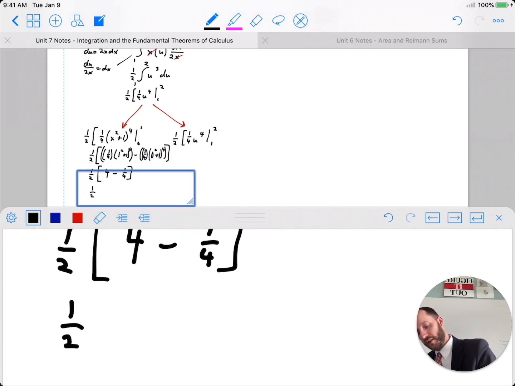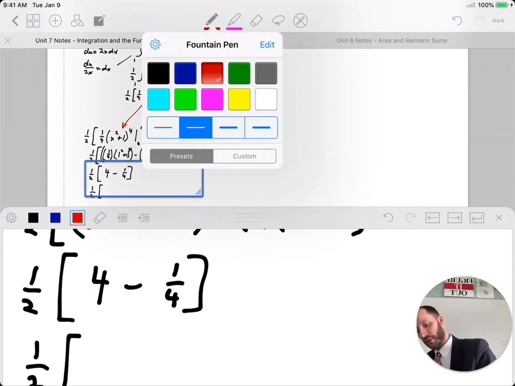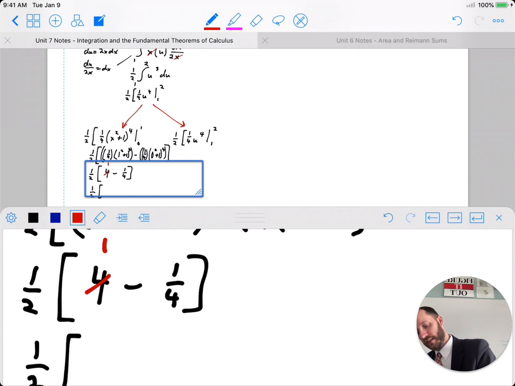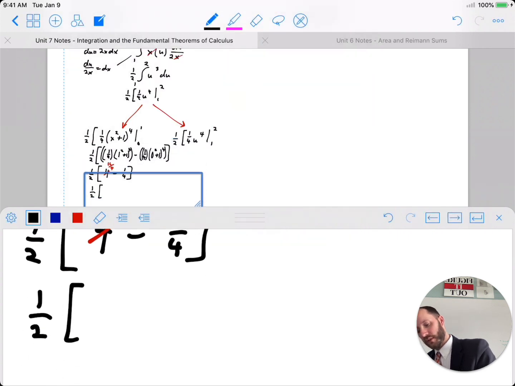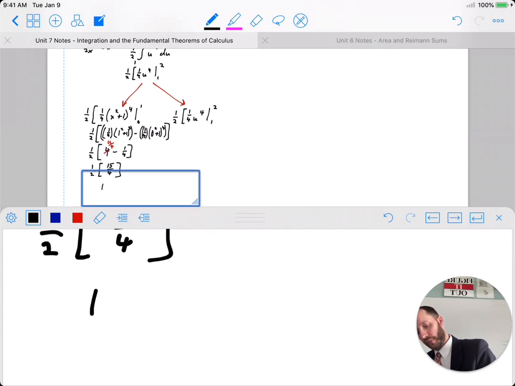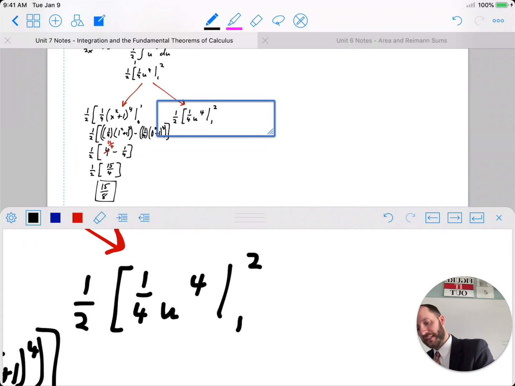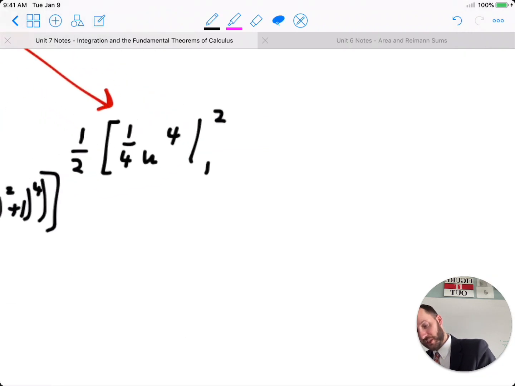So 1/2, mental math, 16 over 4 minus 1 over 4. So 15 over 4. So 15/8. And let's see what we get if we do the other side.